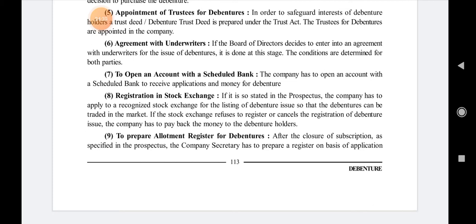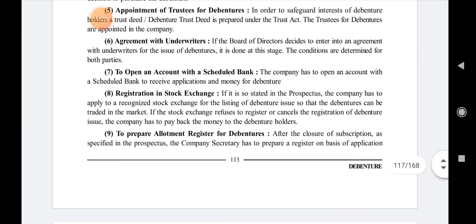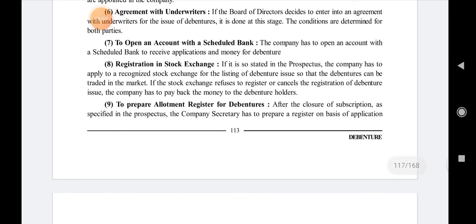It means if the company has mentioned in a prospectus that they will go for the listing of the debentures in a recognized stock exchange, then they have to compulsorily go for the registration of the debenture in the stock exchange. If the stock exchange refuses to register or cancels the registration of the debenture issue, the company has to pay back the money to the debenture holders.